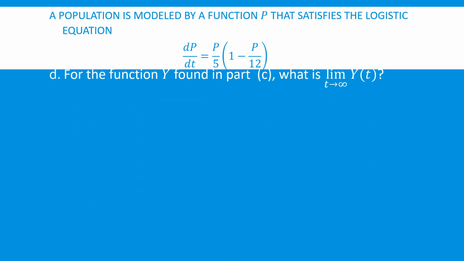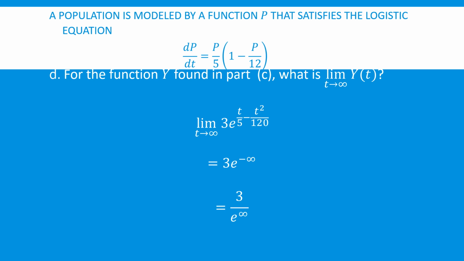All right, part D says for the function y found in part C, what is that limit? So we're doing the limit of what we found. I'm literally plugging in my infinity, and I'm understanding that the t squared term is going to grow way faster than the t term. So that's going to trump the t term. And basically, I'm getting e to the negative infinity.